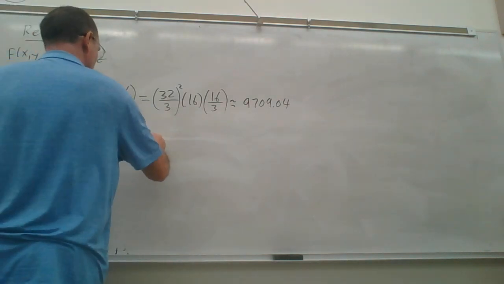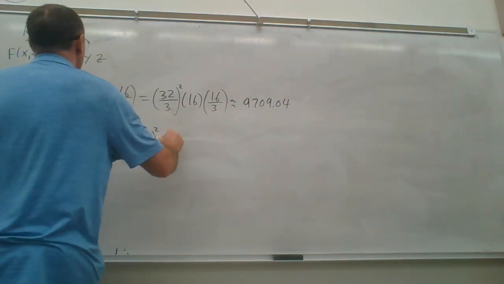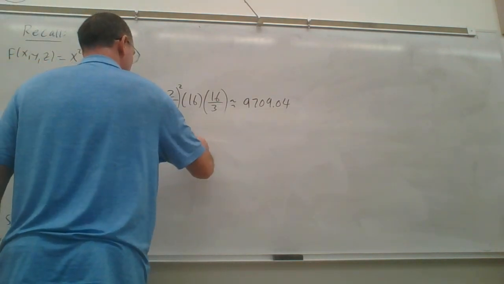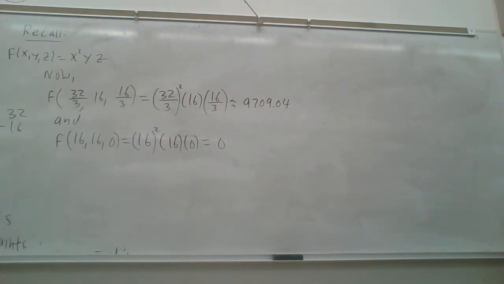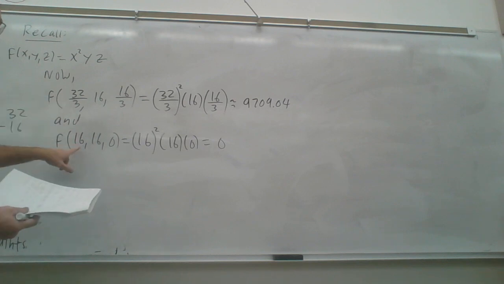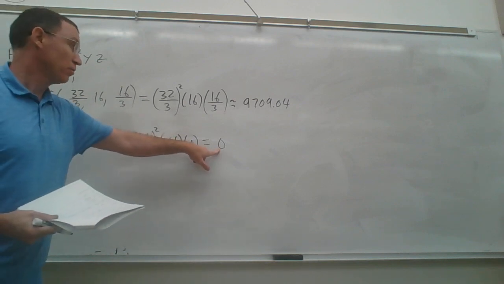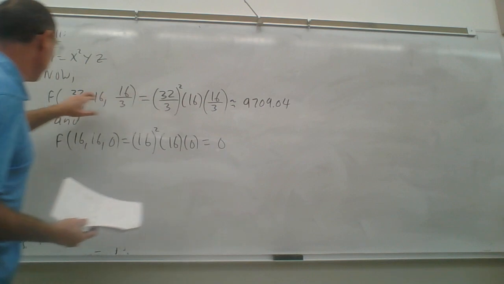It's going to be 16 squared times 16 times 0. Well, this one is 0. By Lagrange multipliers, we know this point has to be an extreme, either a relative max or min. So it's larger than this one. Therefore, the only choice is that this has to be a max.